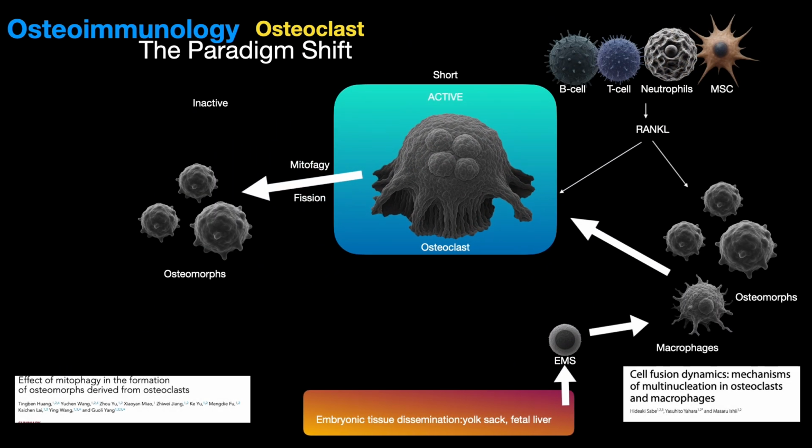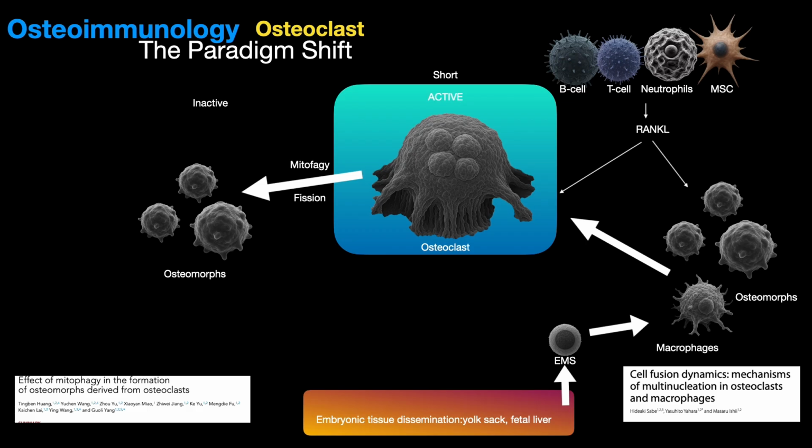So such an osteoclast has a very short lifespan, and it derives from the fusion of osteomorphs, macrophages, and monocytes, influenced by RANK that is secreted by MSCs, neutrophils, T cells, and B cells, depending on the stimulation.